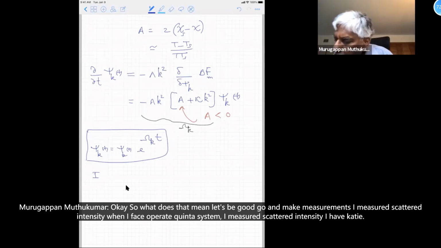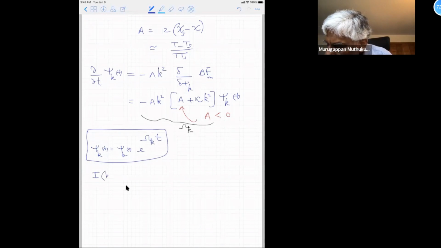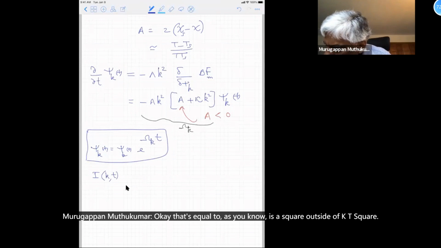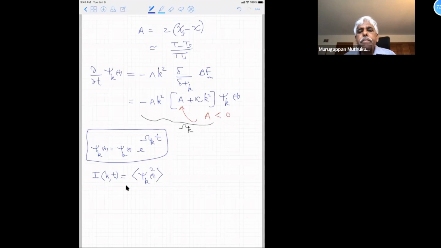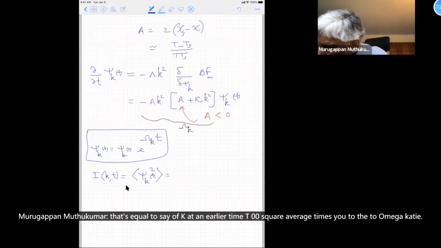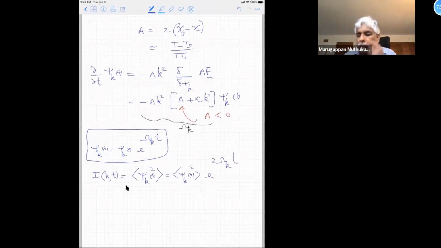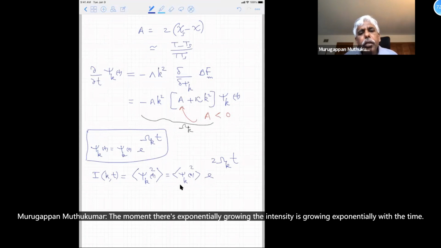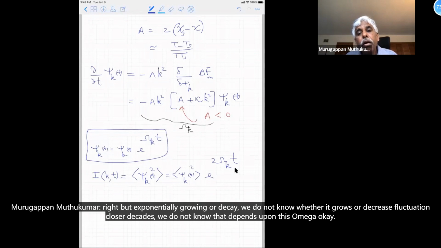I quench the system and measure the scattered intensity I of k t. That is equal to the average of psi of k t squared, which equals the average of psi of k at t equal to 0 squared, times e to the 2 omega k t. So the intensity grows exponentially with time. But whether the fluctuation grows or decays, we do not know. That depends upon this omega k.